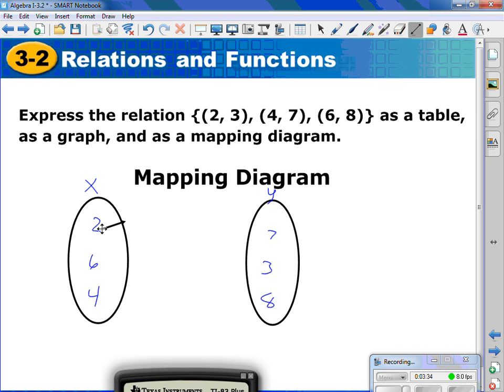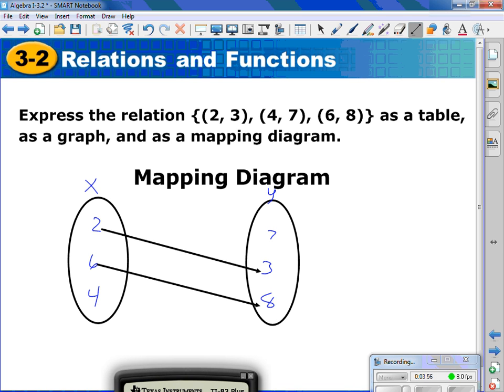Which one does 2 go to? So we put an arrow from 2 to 3. What does 6 go to? 6 goes to 8. So we put an arrow from 6 to 8.